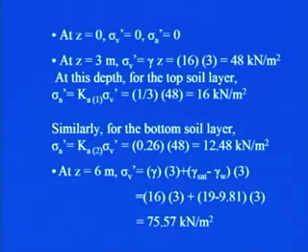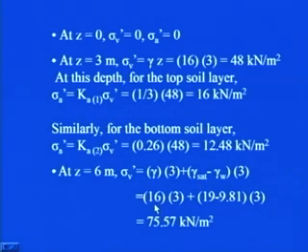Now you see, at z is equal to 6, if we want to find out the sigma V prime, that is the effective vertical stress, which will be equal to gamma into 3 plus gamma saturated minus gamma W into 3. See, we are finding out the effective vertical stress, that is why you have to subtract the unit weight of the water from the gamma saturated, that is the saturated unit weight of the soil.